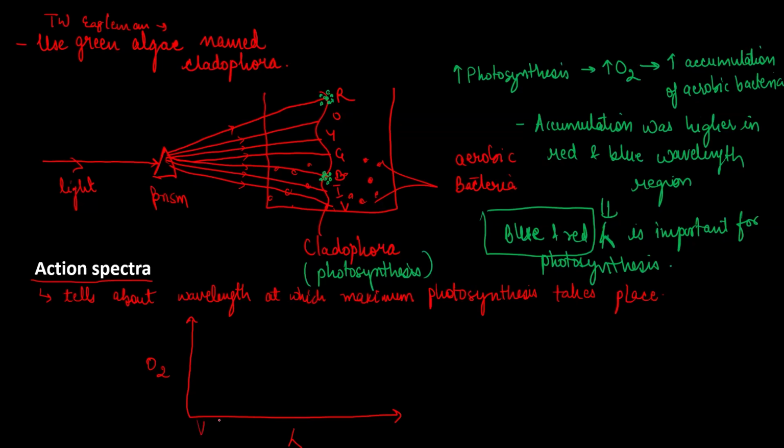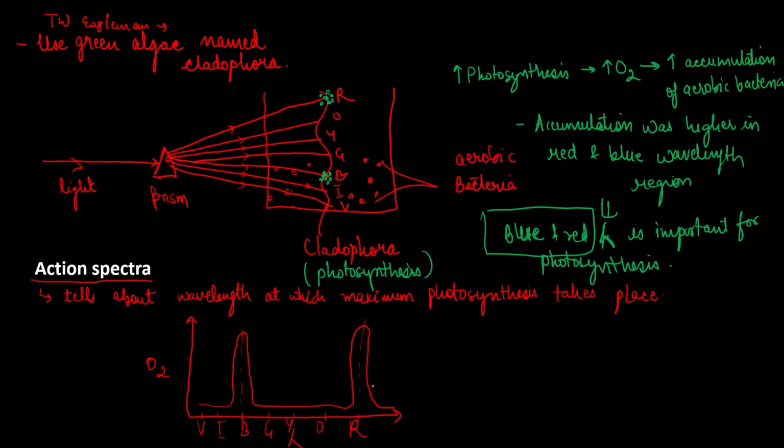Suppose this is V, I, B, G, Y, O, R, the wavelengths of different light. When he drew the action spectrum, he observed that the oxygen concentration curve was like this: the oxygen concentration was higher at blue wavelength light and at red wavelength light.